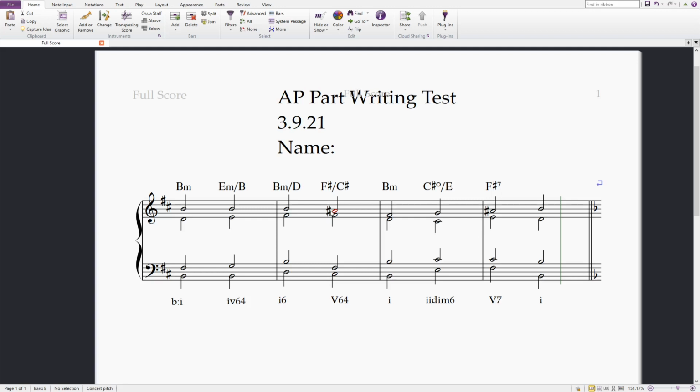The first one has to do with this A sharp that was already built into the assignment. This was me both guiding you, but also testing you to make sure that you understood what to do. Because this is the leading tone, right? A sharp is the leading tone in B minor. Since it's a soprano voice, on the outside, this note has to go up.